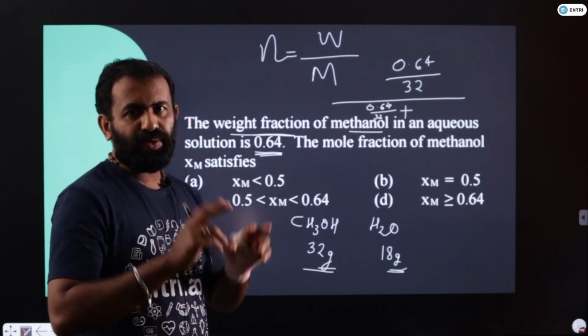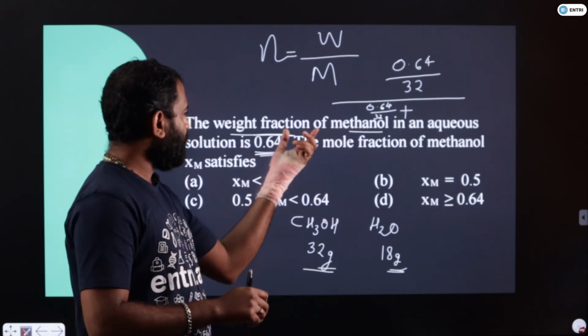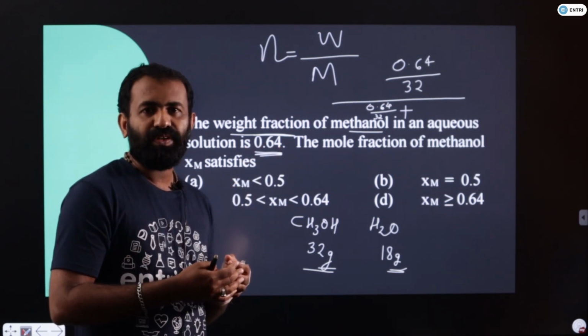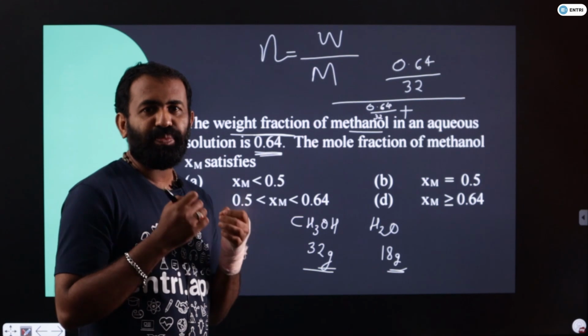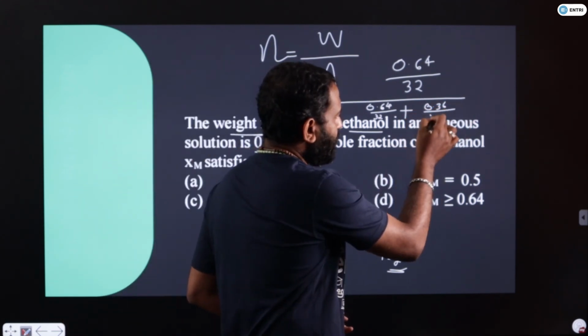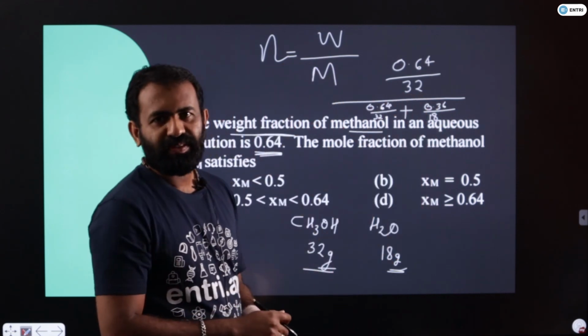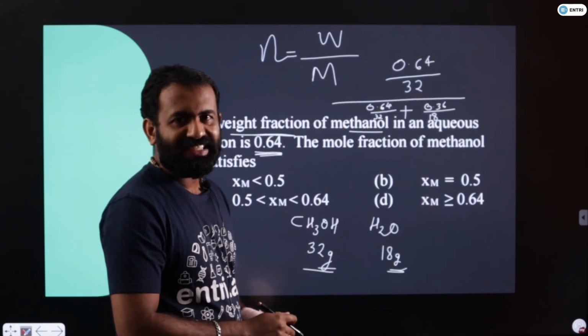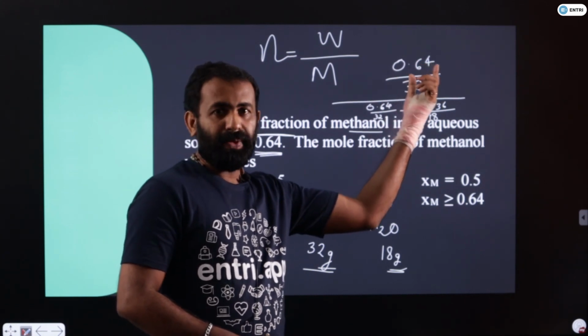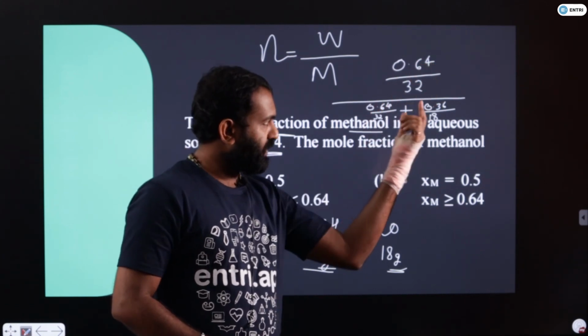There are only two components, methanol and water. So, if the weight fraction of methanol is 0.64, the remaining weight fraction of water is 0.36. So, 0.36 divided by water molecular mass 18.